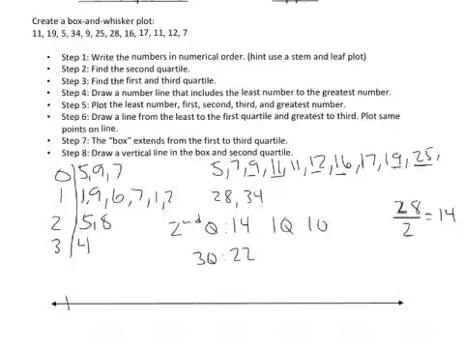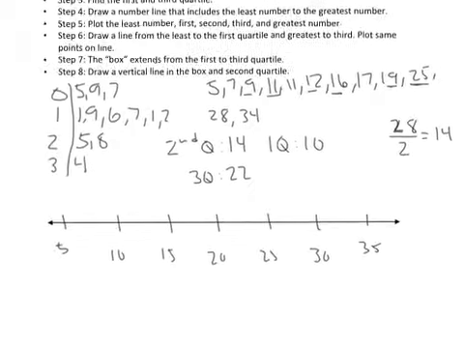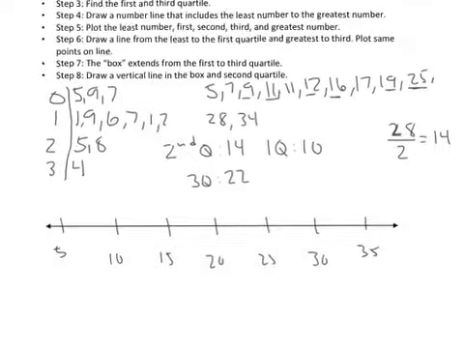So I've got 5, 10, 15, 20, 25, 30, 35. I'm going to label my first one and my last one, just to make sure everybody understands that I'm going from 5, 10, 15, 20, 25, and 30. All right, so we draw the number line, got that all done.